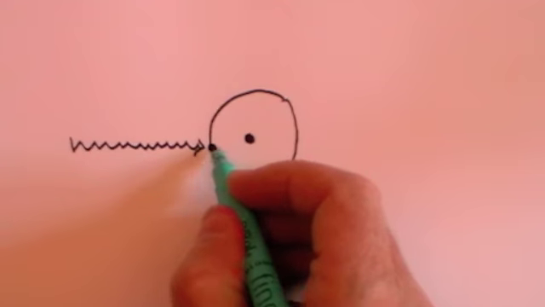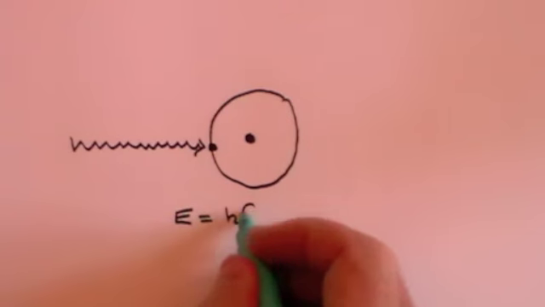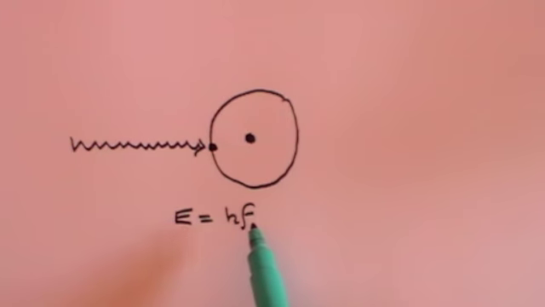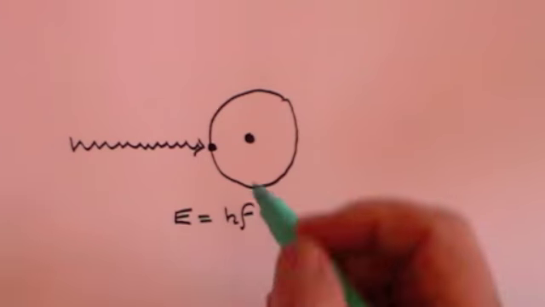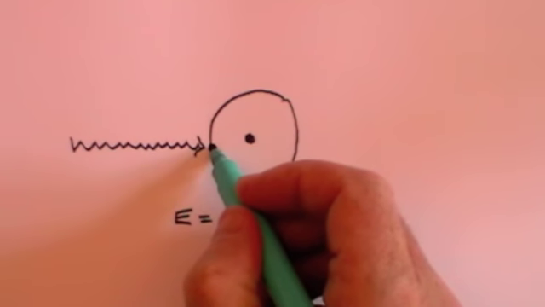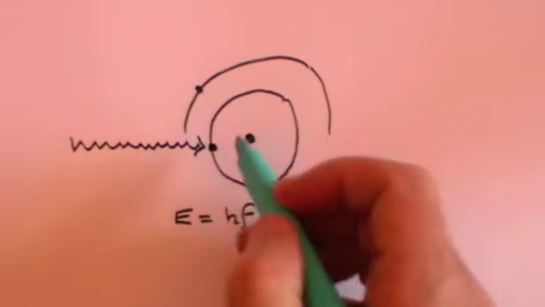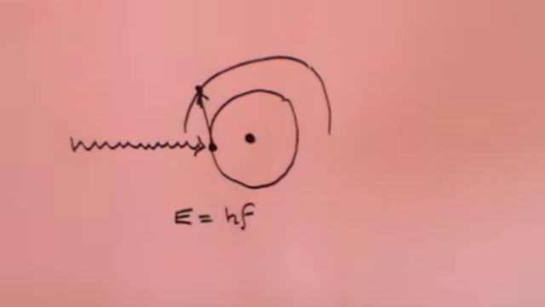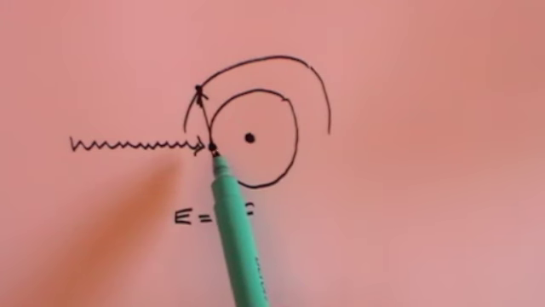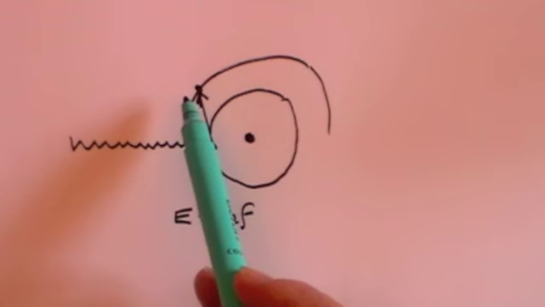And what it will do is it will transfer, the photon has an energy, the energy is E equals hf, where h is Planck's constant, f is the frequency of the radiation, so the higher the frequency, the greater the energy. And what that energy does is that the energy of the photon is given wholly to the electron, and that kicks it up to a higher energy level. So the energy of the electromagnetic wave is absorbed by exciting the electron into a higher energy state.